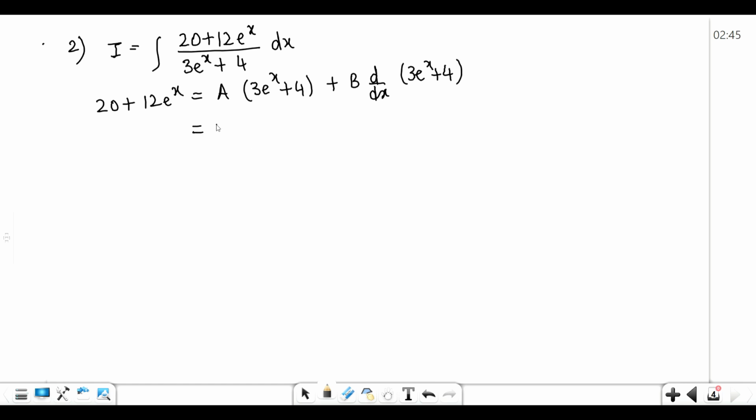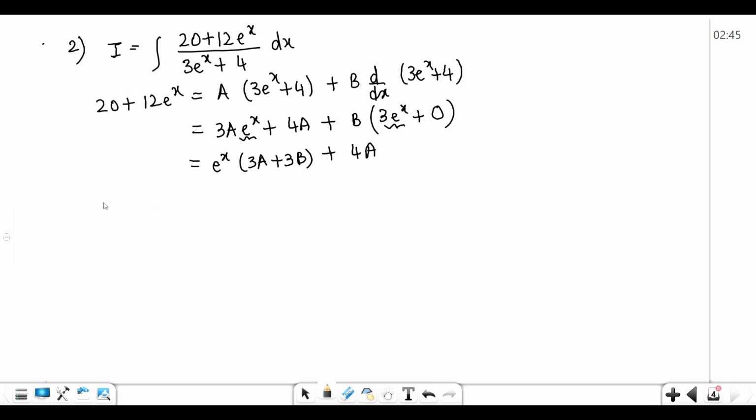We can take a inside, that gives you 3a e raised to x plus 4a, and again b times the derivative of 3 e raised to x, which is 3 e raised to x, plus the derivative of 4, which will be 0. Now take the coefficients of e raised to x. This will give you 3a and 3b there, and this will be 4a, and this is 20 plus 12 e raised to x.